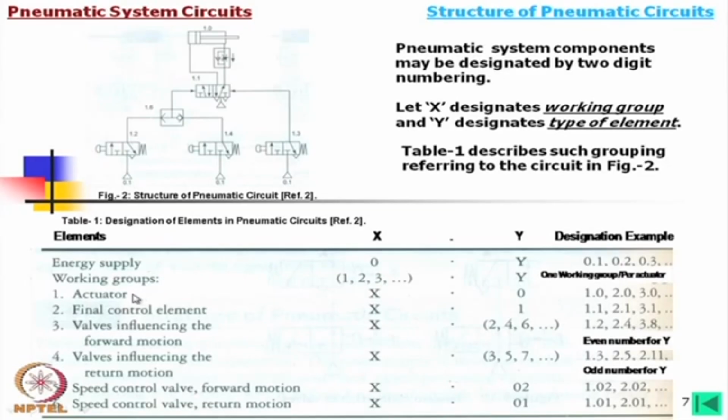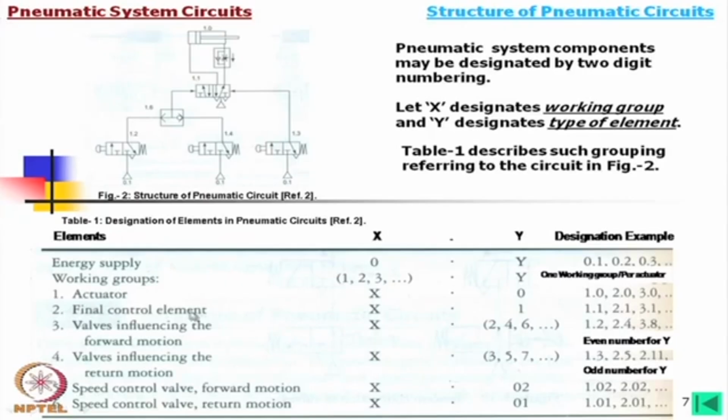Then we will come to the actuator. Let us come to the actuator. The actuator is 1.0, that means the working group is 1 and 0 is the type of element. Here, type of element 0 may be a single acting cylinder, or 0 is given for, say, one without a spring, something like that.